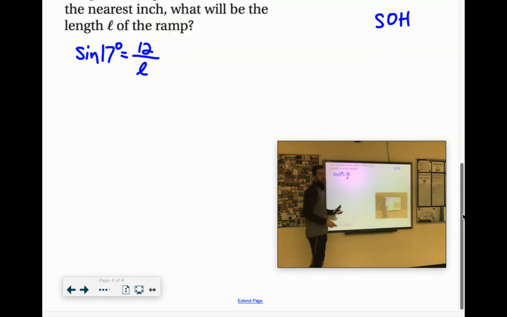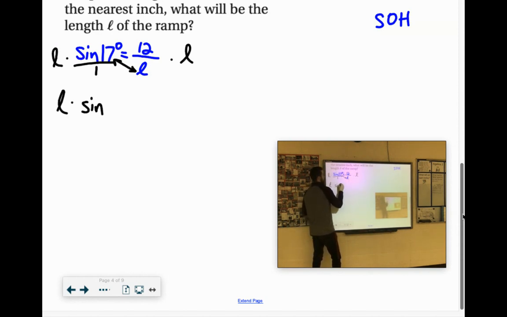Now, a little hint, you can always just think of this like a proportion. You can interchange these things here. The top left for the bottom right. You can interchange those. So we'd just say L equals 12 over the sine of 17. Well, let's say we didn't know that. So we can multiply both sides by L. So we'd have L times sine of 17 degrees equals 12.